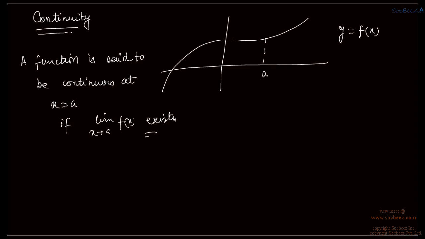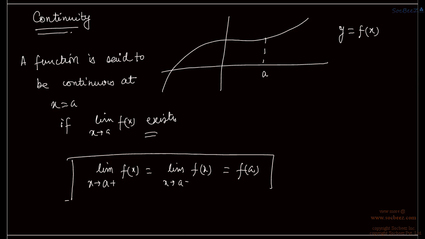That is, limit x tends to a+ f(x) should be equal to limit x tends to a- f(x), which is equal to f(a). Then function f(x) is said to be continuous.